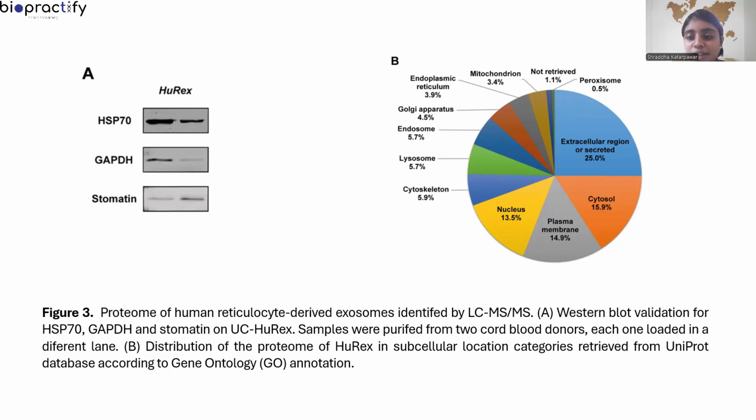15.9% occurs in cytosol, 14.9% in plasma membrane, 13.5% in nucleus, 5.9% in cytoskeleton, 5.7% in lysosomes, 5.7% in endosomes, 4.5% in Golgi apparatus, 3.9% in endoplasmic reticulum, 3.4% in mitochondria, 1% is still not retrieved, and 0.5% is present in peroxisomes.